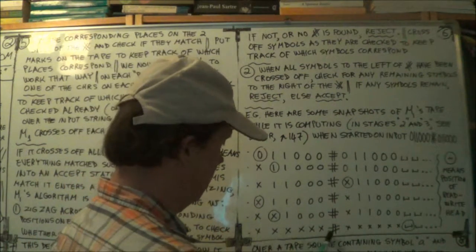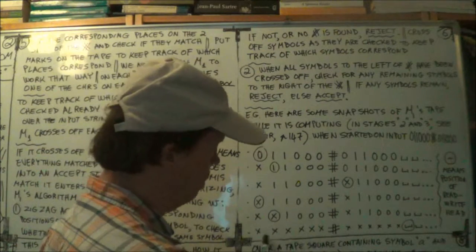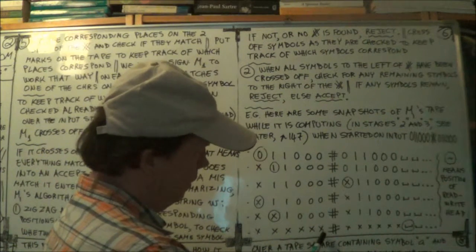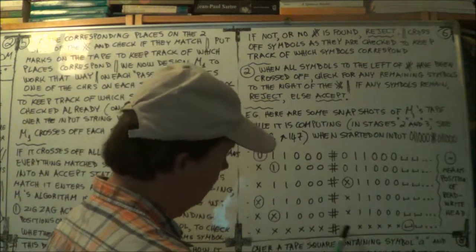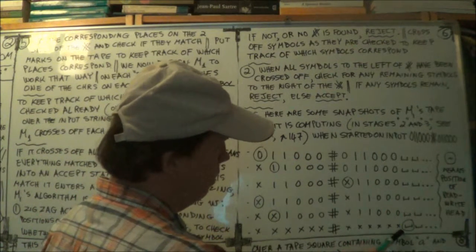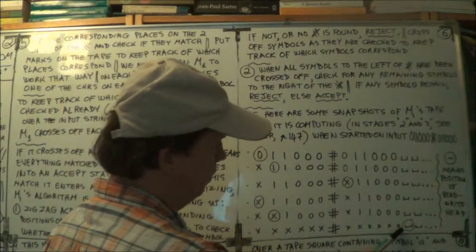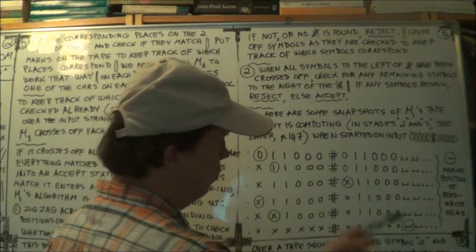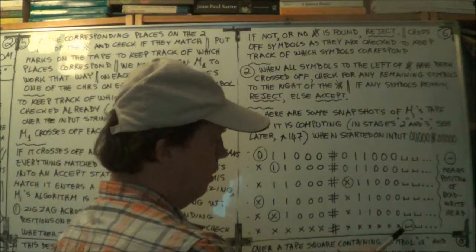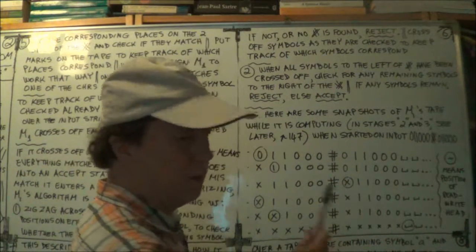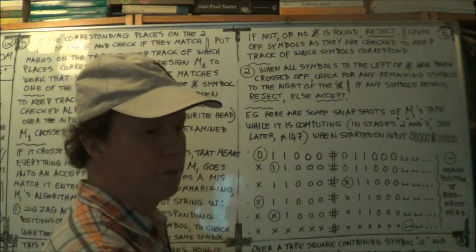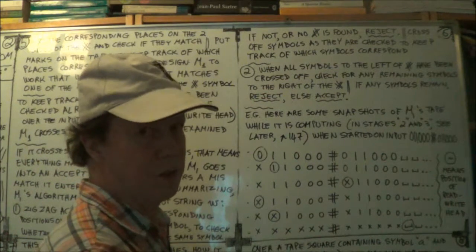So then you know you've examined all possible symbols in your left substring. And then you move one to the right, and if it's a 0 or 1, that's a failure, so you go to reject state and stop.